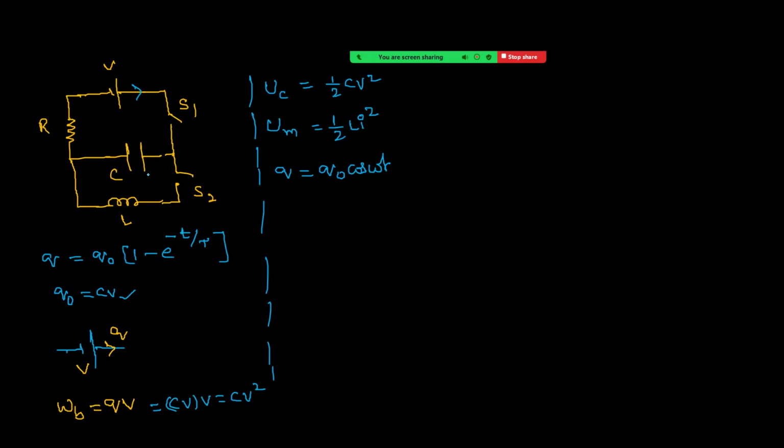That means at that time, capacitor is fully charged. This is plus and this is minus. That means at t equal to 0, charge Q must be maximum. That's why I have taken cos function. Otherwise, we can write sin of omega t plus 90.